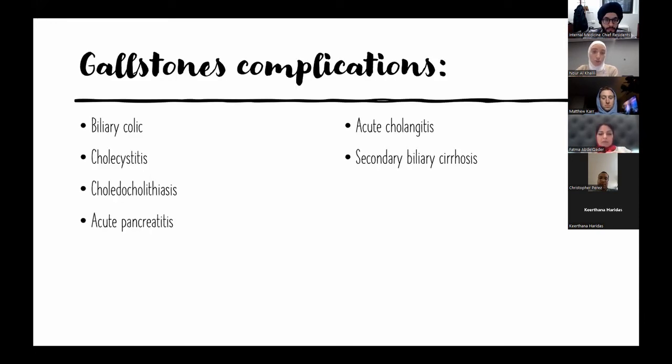Usually gallstone complications: biliary colic, cholecystitis, cholelithiasis, acute pancreatitis, cholangitis, and secondary biliary cirrhosis. If we have structural obstruction for more than 6 months, we might have secondary biliary cirrhosis, which is a relatively very fast cirrhosis compared to other etiologies.